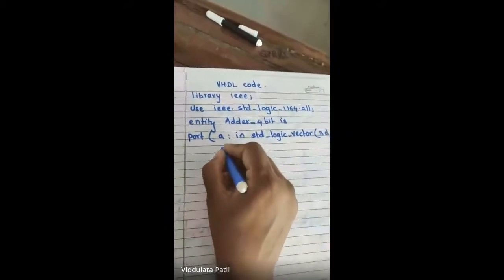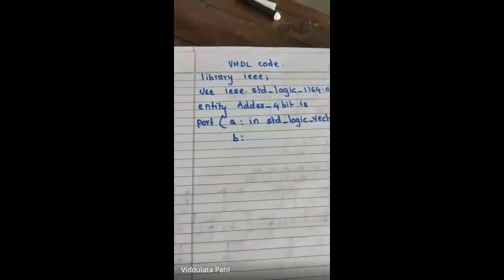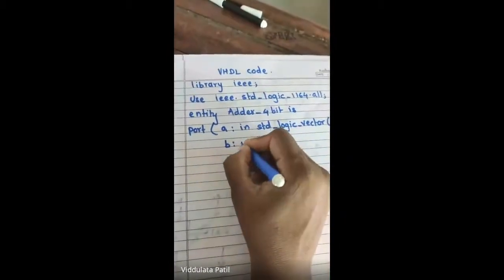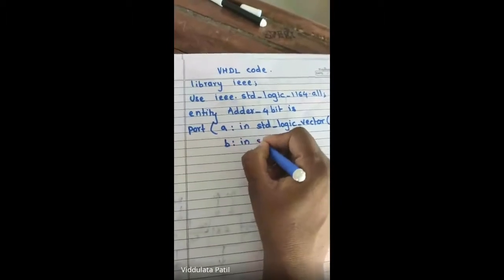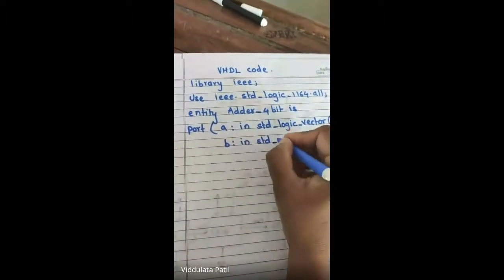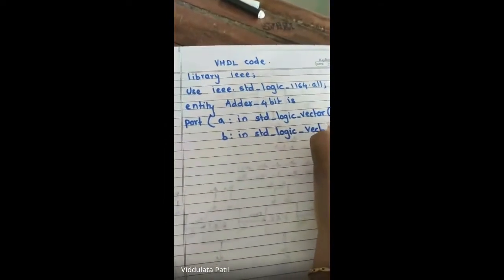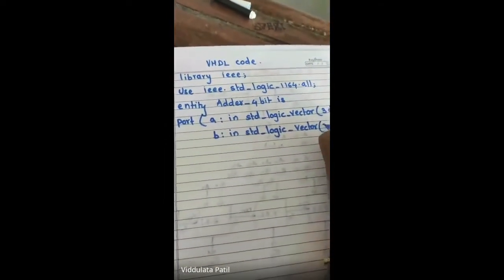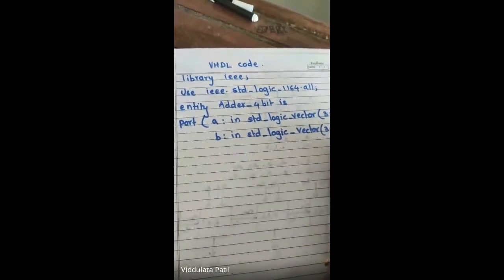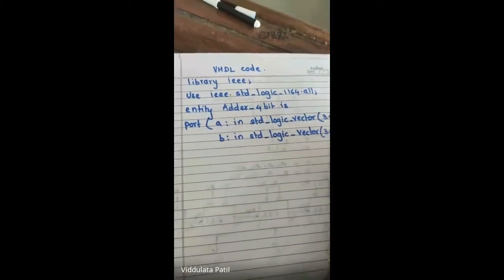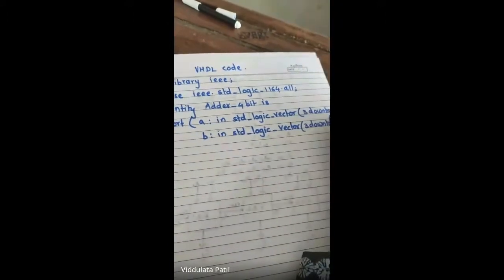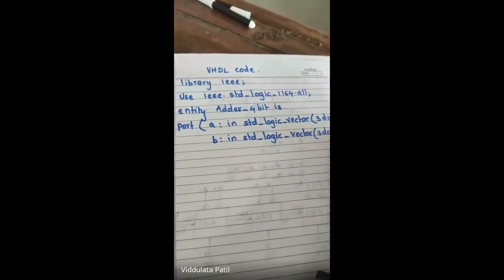Okay, then we will declare B, which is again an input port, and type is std_logic_vector(3 downto 0). Semicolon is a must after each of these declarations.